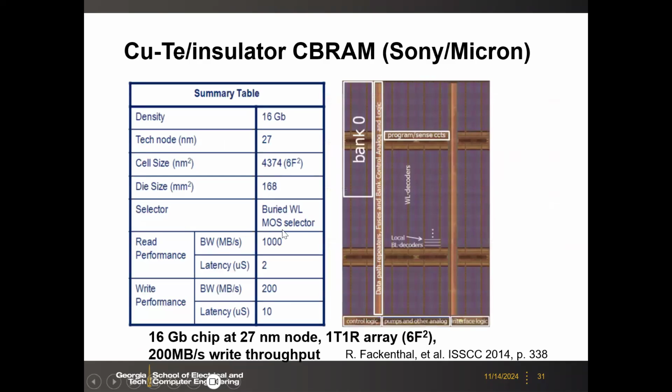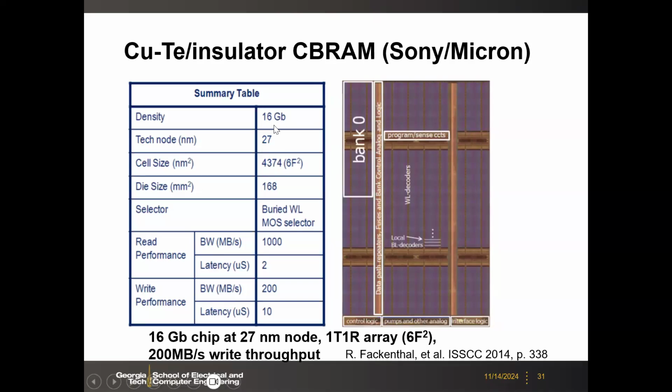Yeah, 1T1R. It's more like the DRAM process, the 6F squared DRAM process. Instead of 1T1C, they use DRAM's layout to do this 1T1R, and the tech node of that DRAM was half pitch 27 nanometer at that time.